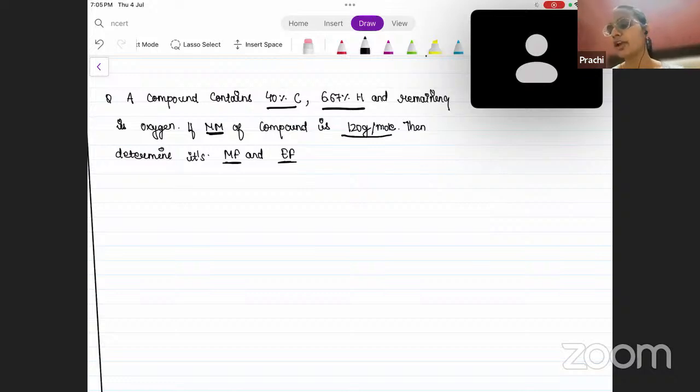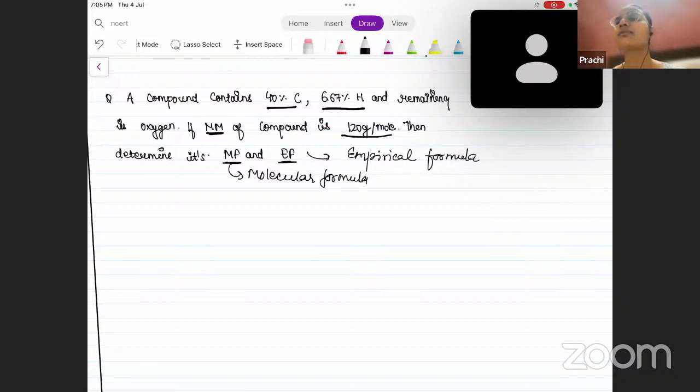MF is molecular formula and EF is empirical formula. These are the kind of numericals that you will find related to the empirical and the molecular formula.